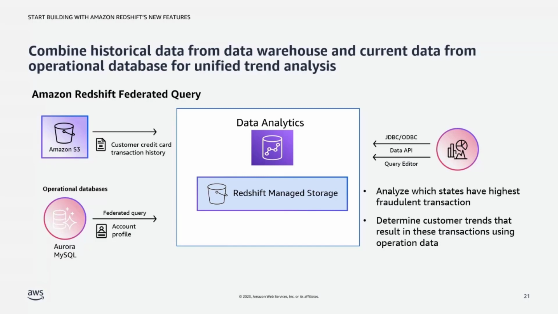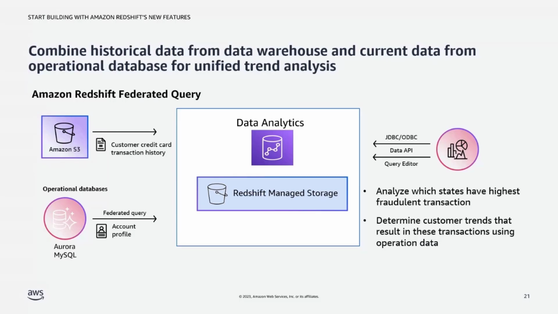As an end user, as a data analyst, you're still connecting to Amazon Redshift. Both of these analytical queries are submitted to Amazon Redshift. When the portion of the data for history needs to come from Amazon Simple Storage Service, the Amazon Redshift Spectrum feature comes into the picture. And when the data needs to come from Aurora MySQL, that's where federated query comes into the picture.